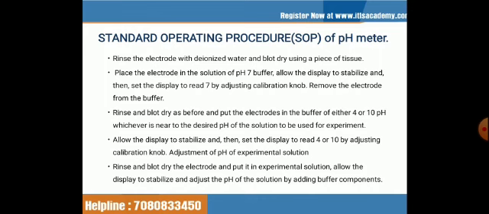So once you dip the electrode probe into the solution, in a pH 7 solution it will read exactly 7, and then you can choose the next buffer. But sometimes you don't get an accurate reading of the pH.